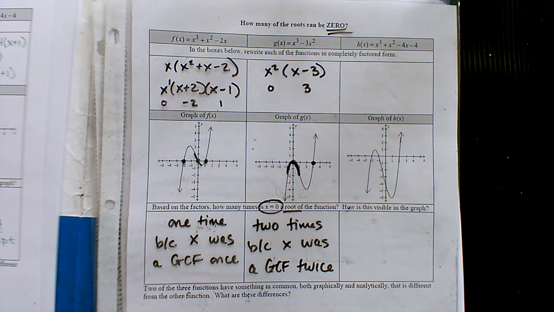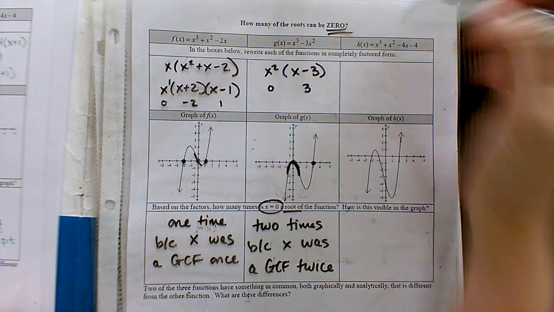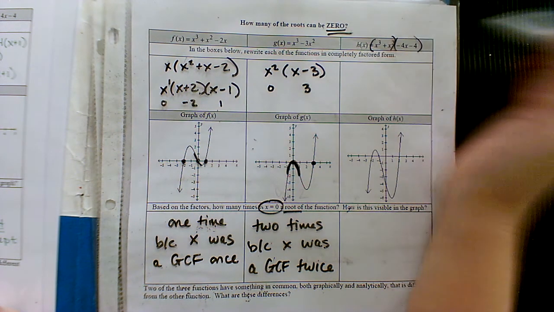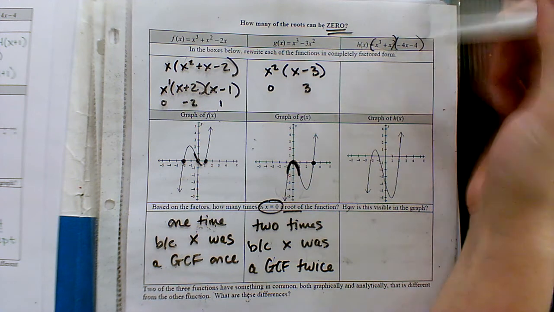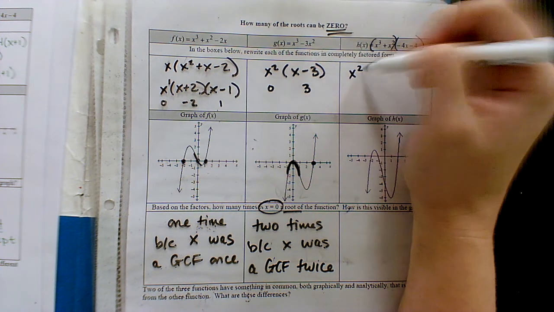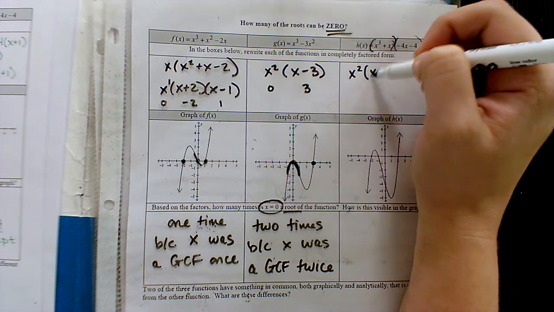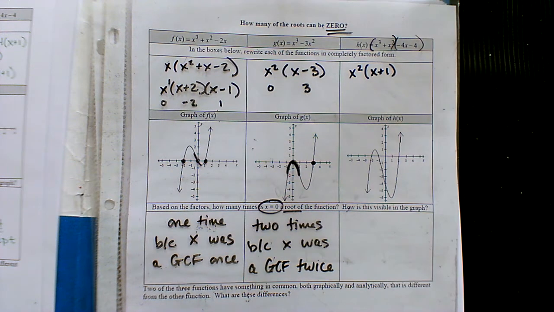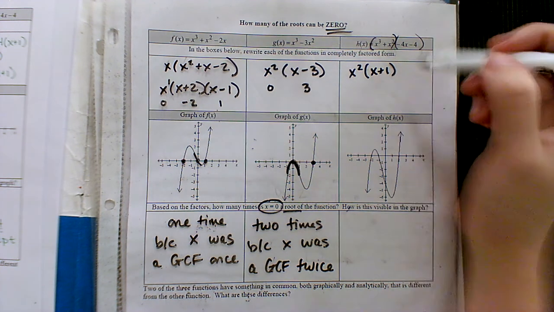How do you want to factor the third one? Grouping, we have 4 terms. All right, so out of the first group, we'll take out an x squared. We're left with x plus 1. What can we take out of the second group so that we're still left with an x plus 1? Negative 4.